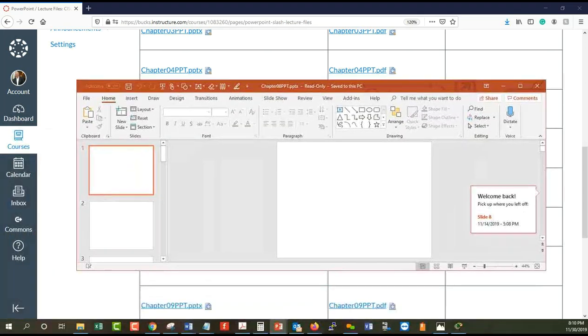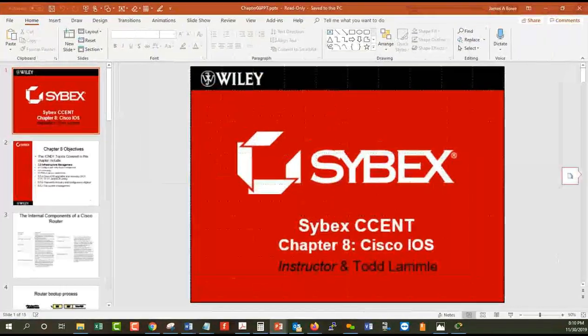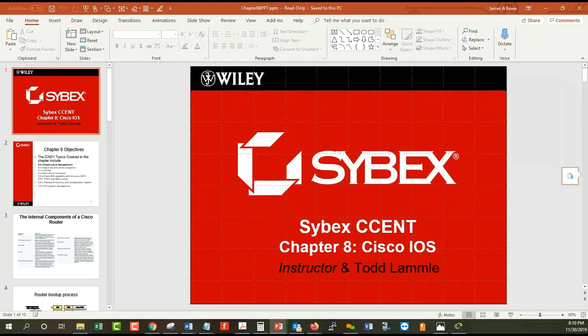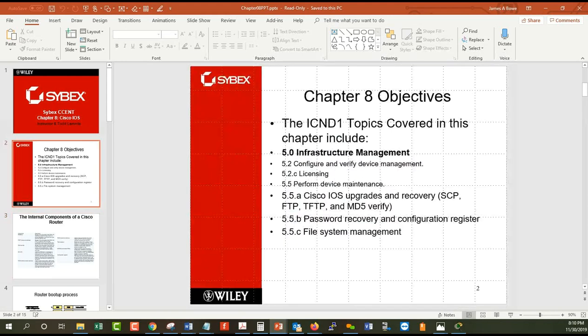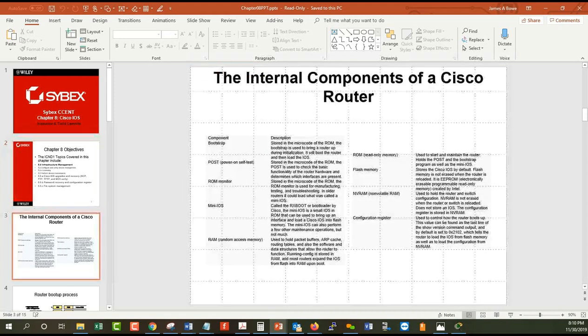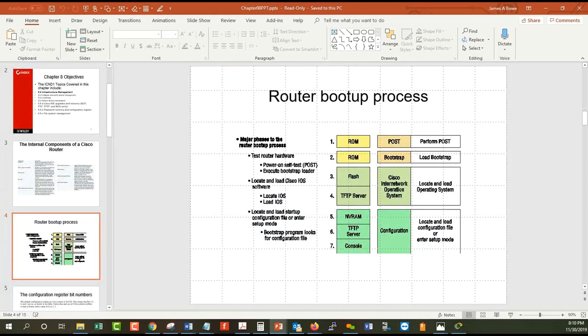Next, we've got 8. Again, some more of the TFTP and so on. And we also went into password recovery here.